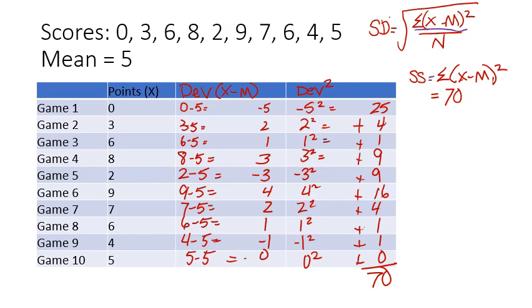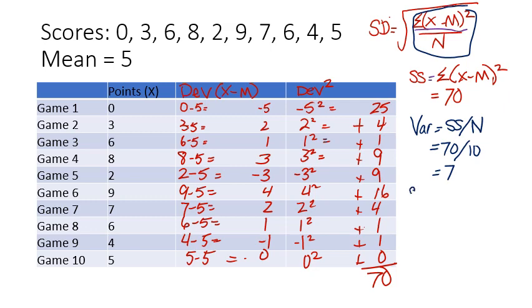The next thing we figure out is our variance, which in terms of our formula is equal to all of this before we take the square root. So in other words, the variance equals the sum of squares divided by n. In this case, our sum of squares is 70, divided by n is 10, equals 7. And so our variance is 7. To get to the last step, we simply take the square root of the variance.